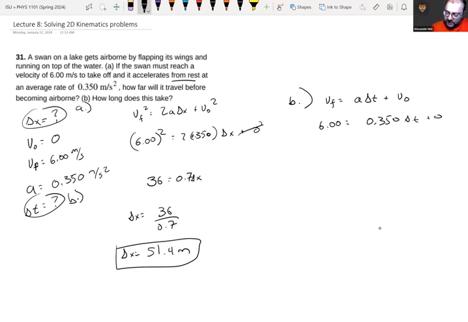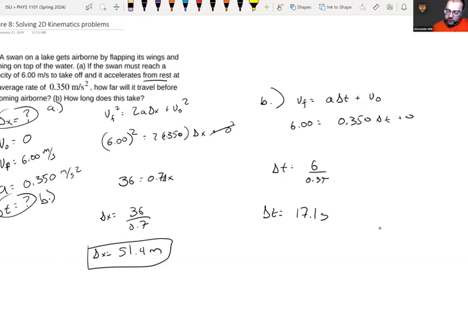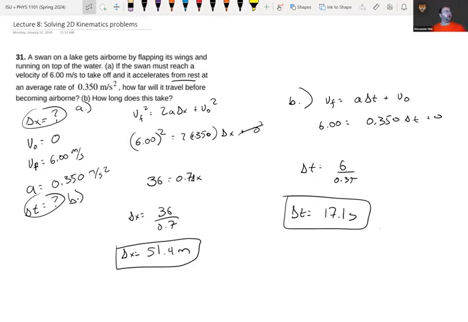And then you just find that delta t is equal to 6 divided by 0.35. Go ahead and do that. And we end up with delta t equals 17.1 seconds. Okay, so the swan takes a little bit of time, a little bit of distance to get going, but basically there you go. That's what we're seeing with this problem.